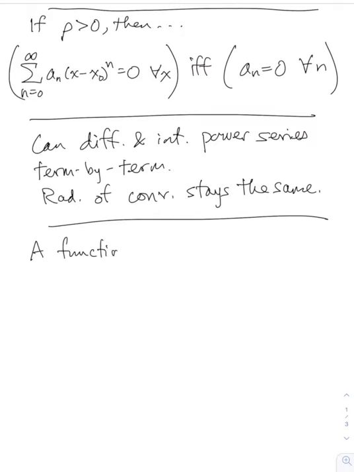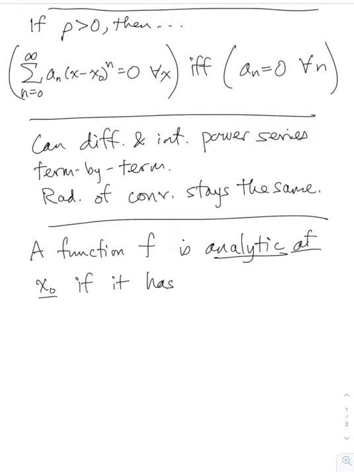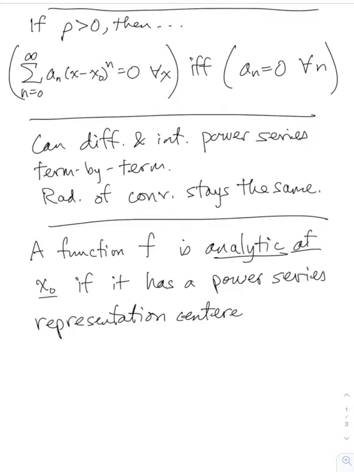A function f is said to be analytic at a point x0 if it has a power series representation centered at x0 with a positive radius of convergence.